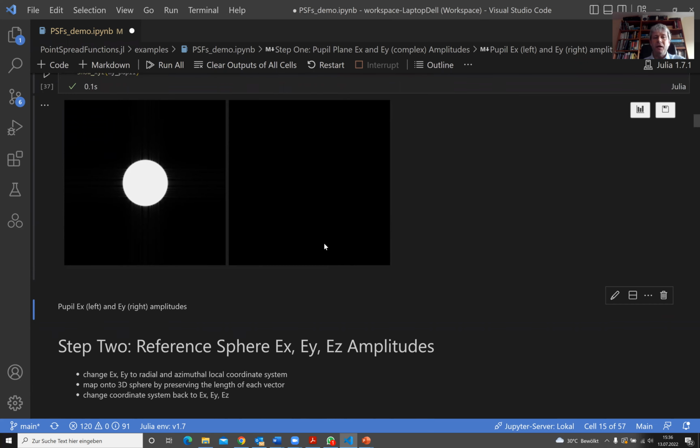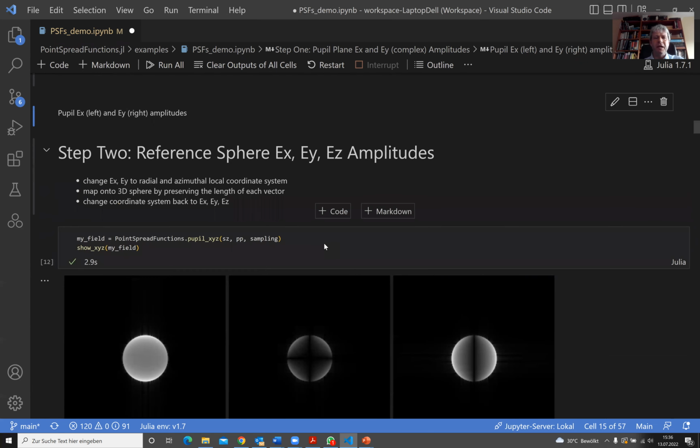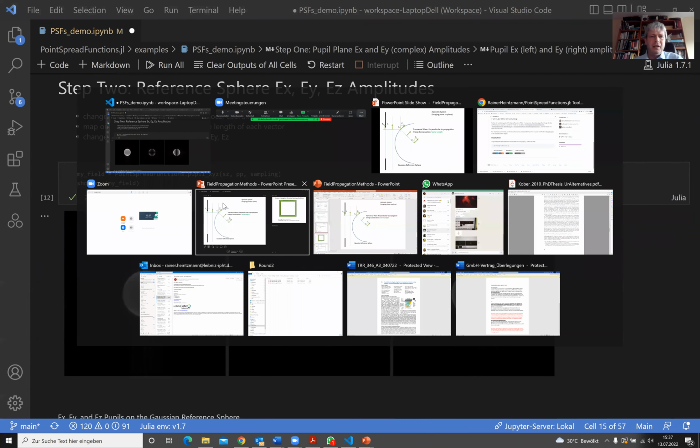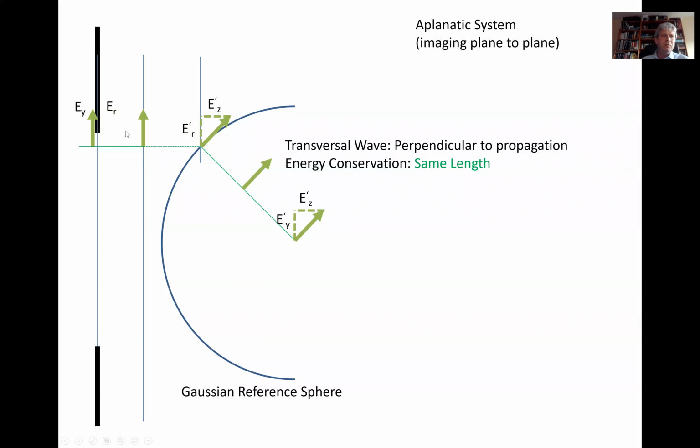So what we now have to think about is how to get from there to a 3-dimensional point spread function. And for this, two things are essential, and I'm going to switch quickly to a PowerPoint slide to show you what this means. So essentially, the pupil corresponds to this plane here, and in that pupil plane, you have this circular aperture, and now I show you a side view of this.